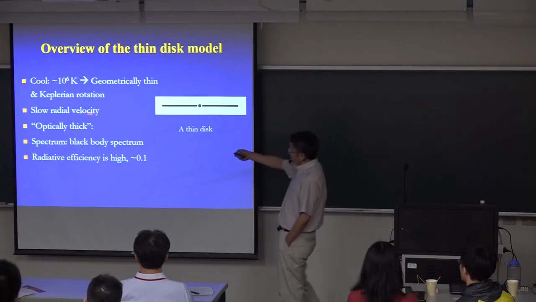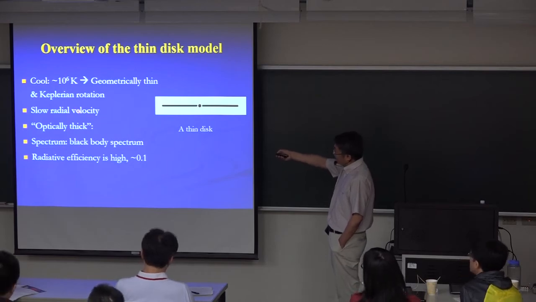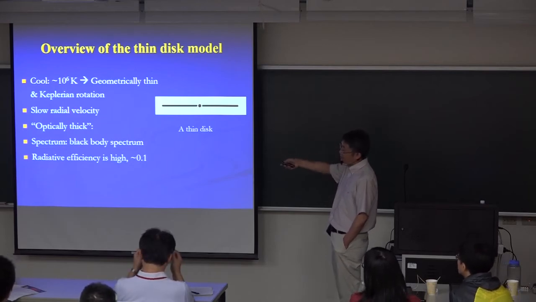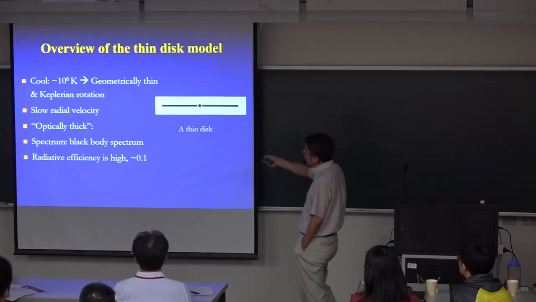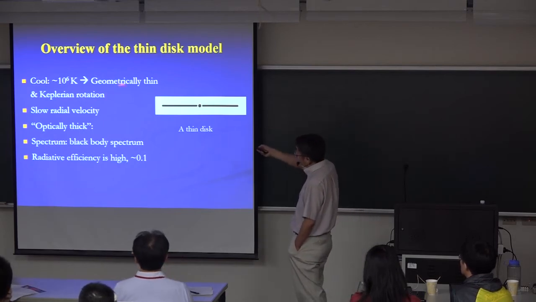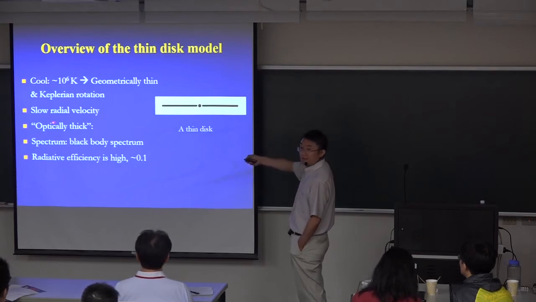The radial velocity of the thin disk is quite small. This is another important feature. This means our accretion time scale will be quite long. And also because it is geometrically thin and the radial velocity is quite small, the surface density of the accretion disk is quite large. This means that it is optically thick.